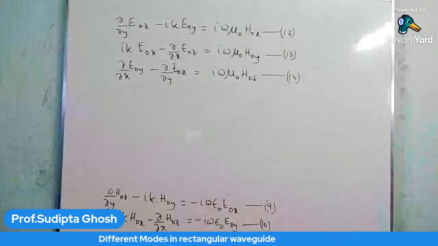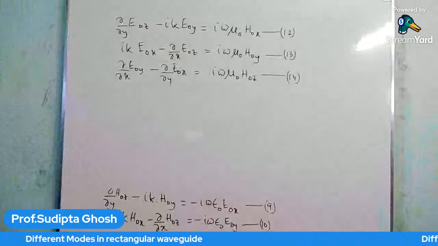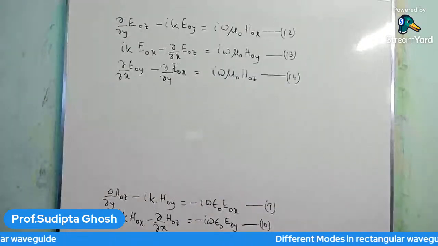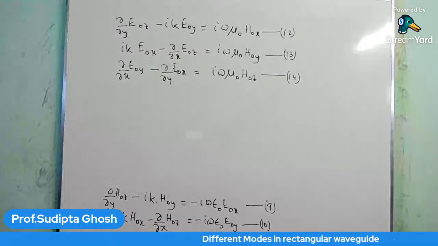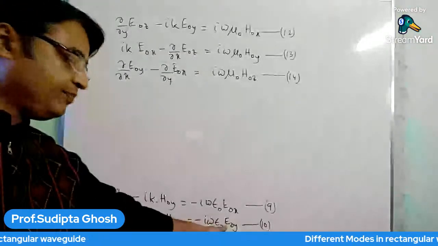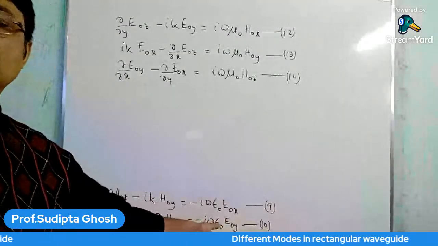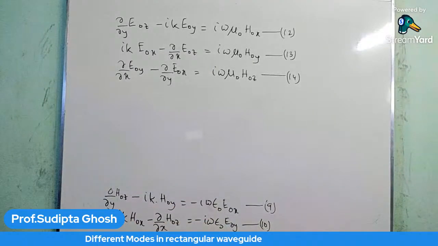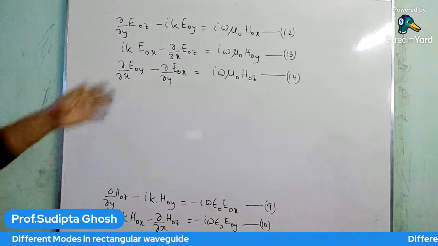So now from these 6 equations, 9, 10, 11, 12, 13, 14, we are going to eliminate the value of E0y from equation number 10 and equation number 12.